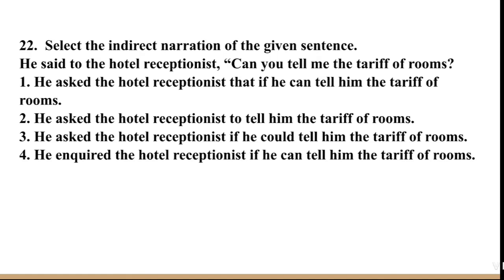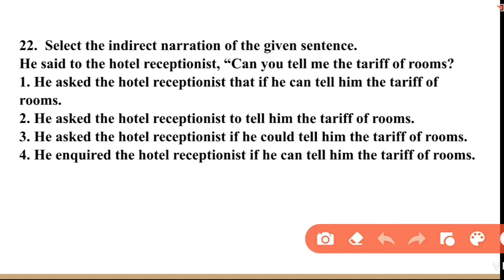Okay, so select the indirect narration of the given sentence. So this is about narration change. You need to change the narration of this line. He said to the hotel receptionist, "Can you tell me the tariff of rooms?" So the rule of narration change: since there is a question within the quotation, it would be "he asked the hotel receptionist".